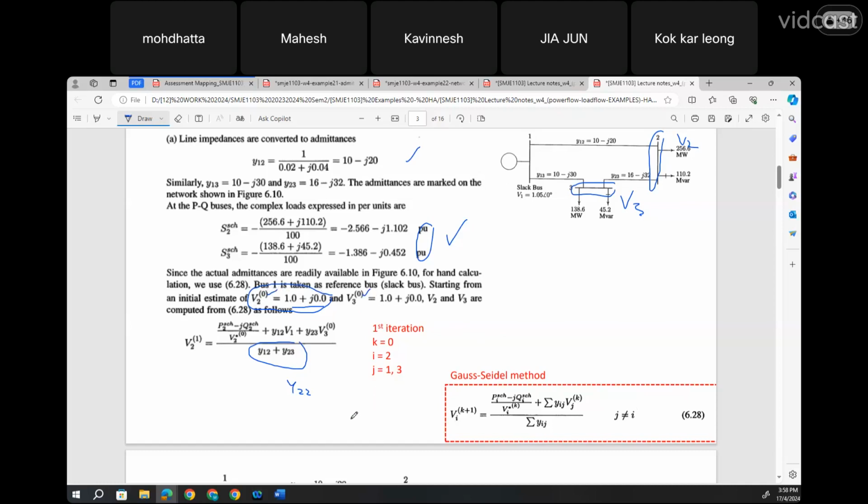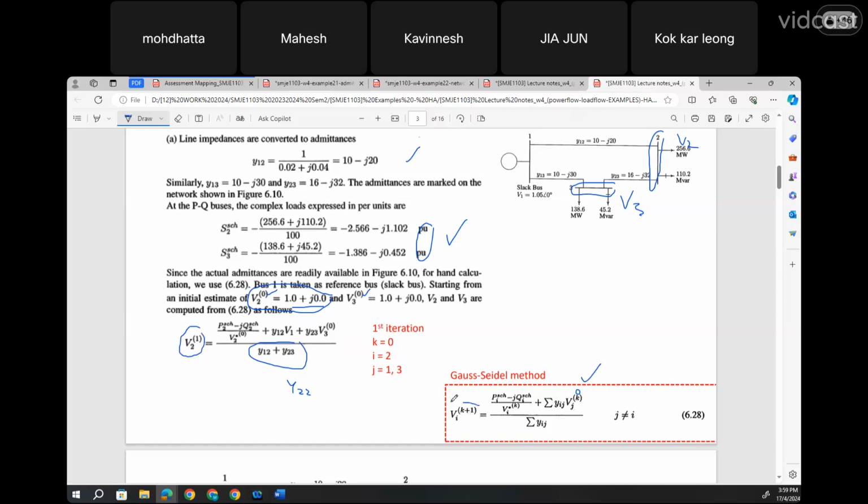Let's say we consider the first iteration. For the first iteration, we consider K equals 0. Based on this equation that we have over here, K should be equal to 0, meaning that we need to find V2 0 and V3 0. However, since the thing that we want to calculate is V2, in this equation we don't have V2 0 over here.